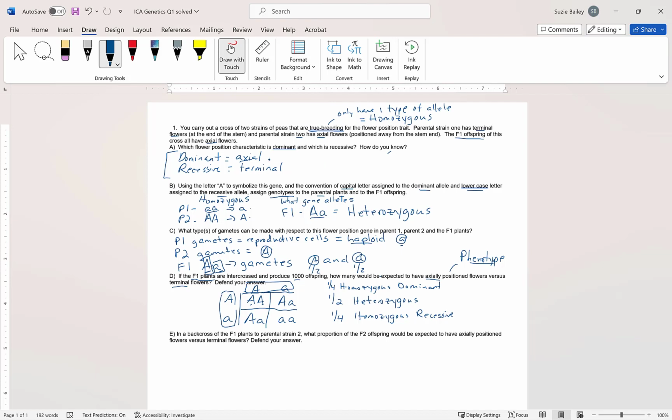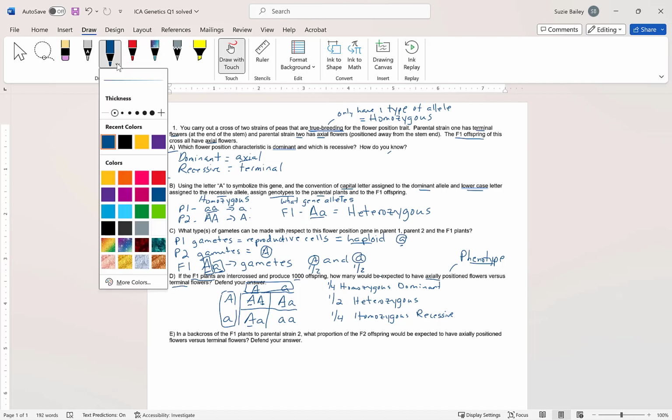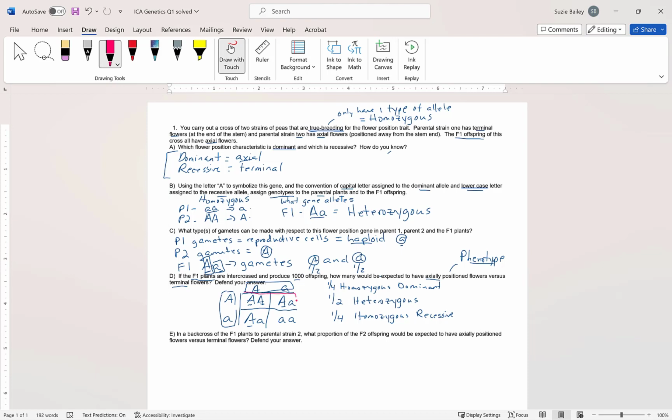Well, we already figured out that axially positioned flowers is the dominant trait. So any individual who inherits even one of these dominant alleles is going to show the dominant phenotype, in this case axial flowers. And so these 3 out of 4 genotypes are all going to show the dominant trait. So that's these guys.